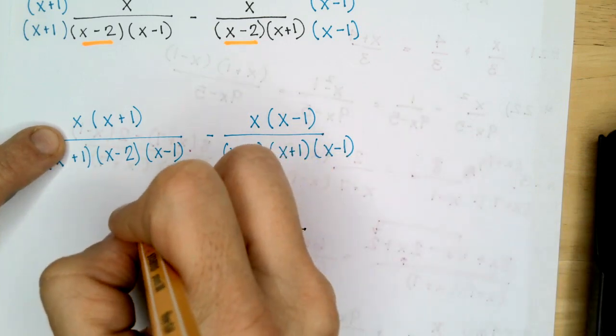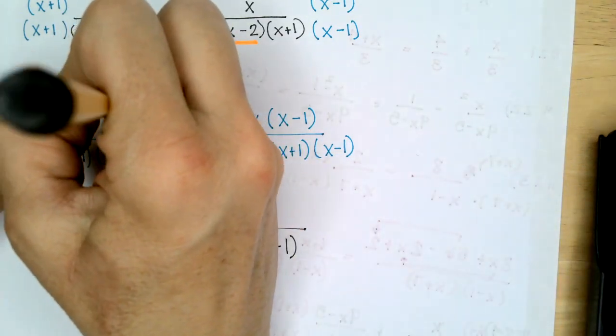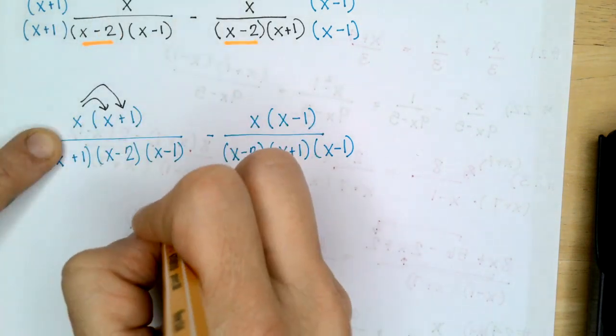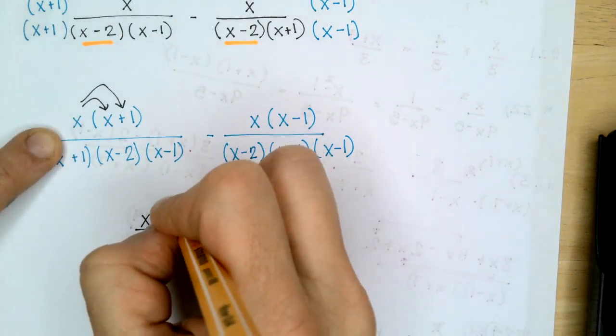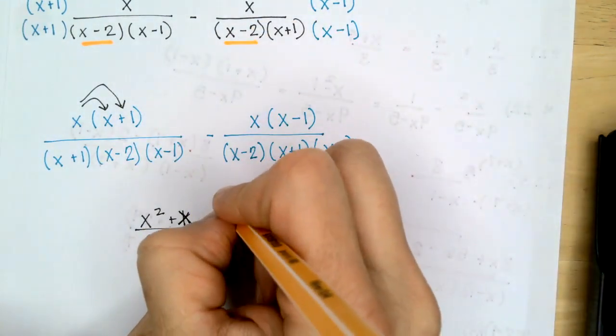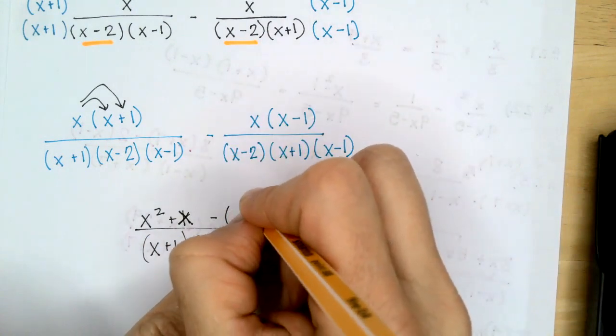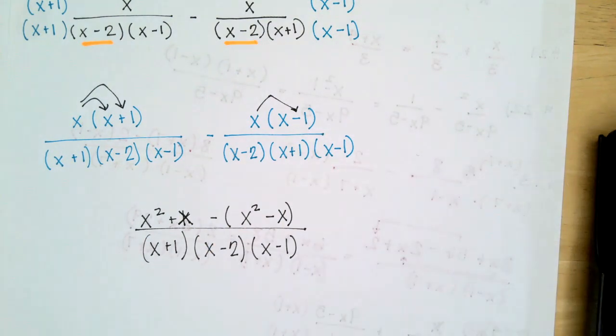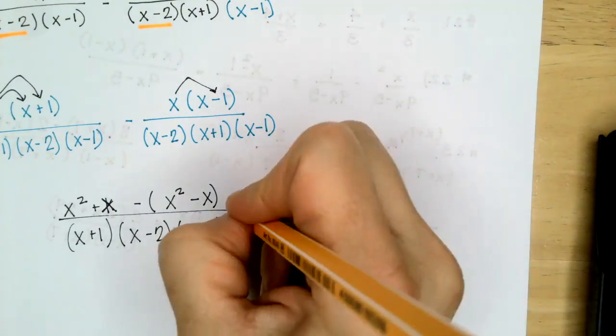Now I have x, I'm going to distribute it. That's x squared plus x, minus x times x is x squared. x times a negative 1 is a negative x. Good.